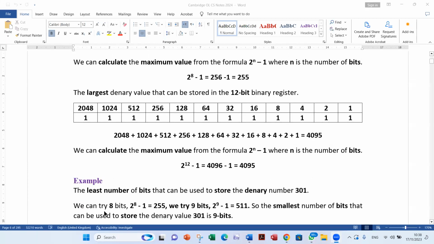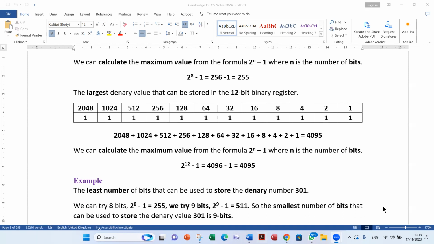Okay, so we can try 8 bits. 2 to the power of 8 minus 1 is 255, and this is not enough. We try 9 bits. 2 to the power of 9 is 512, minus 1 is 511. So the smallest number of bits that can be used to store the denary value 301 is 9 bits.